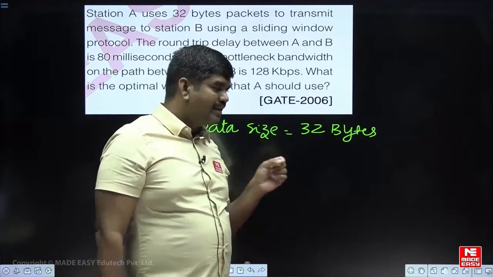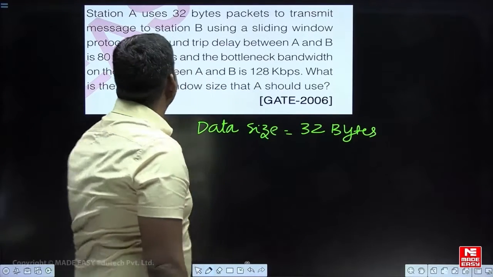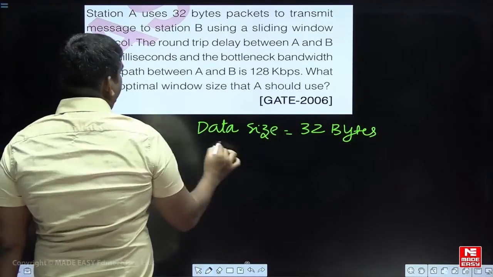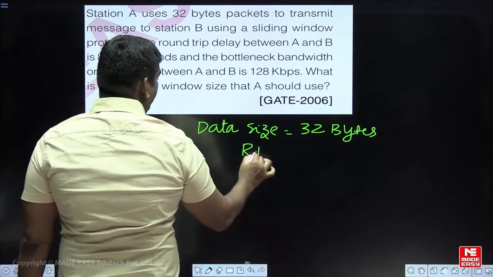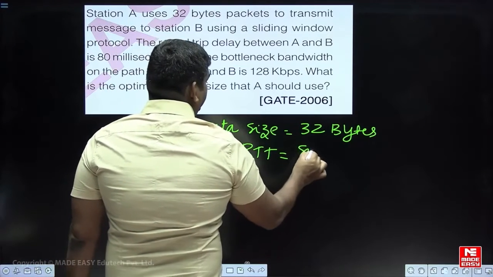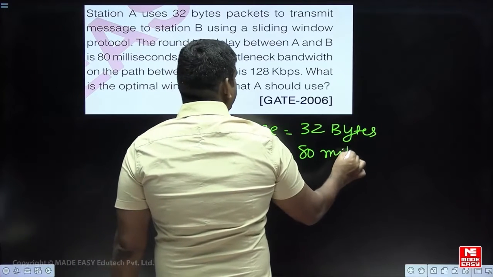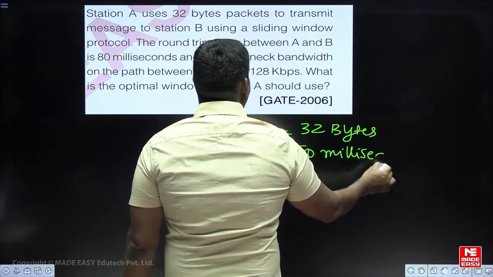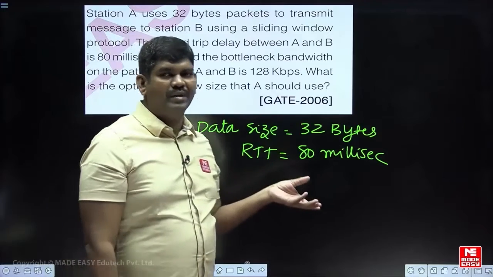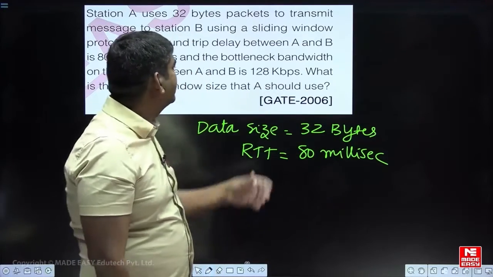But once you get the ACK for it, it becomes acknowledged. And here you see the round trip time between A and B, RTT, is given as 80 milliseconds. Practically, this RTT you can calculate using the timestamp option also, but they have given it.